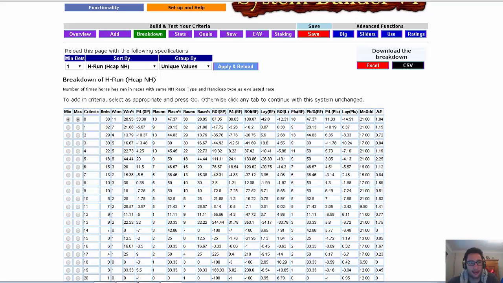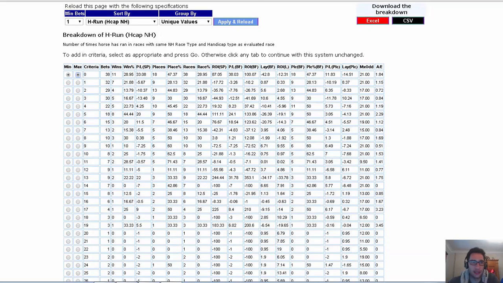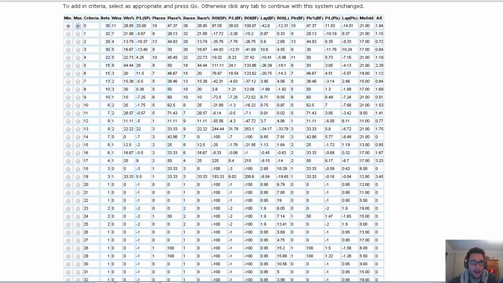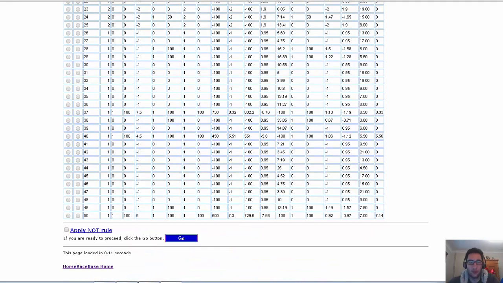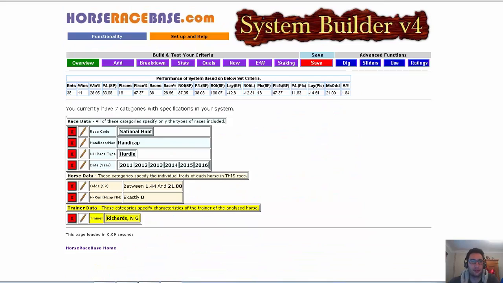This is the first run in a handicap hurdle. Most of these will be coming out of the novice hurdle, maiden hurdle route, I suspect. But it's interesting that they are the only category here that you can back blind, and the rest lose quite a bit as they get more experienced, as they get more exposed. But with those that the handicapper isn't aware of their full ability, Nicky Richards clearly has a talent for hiding the true ability of his horses making handicap debut.